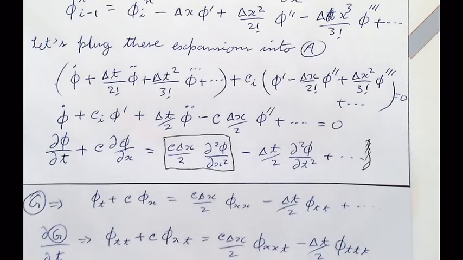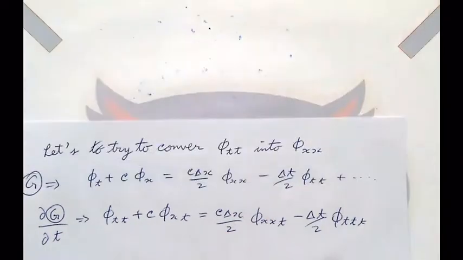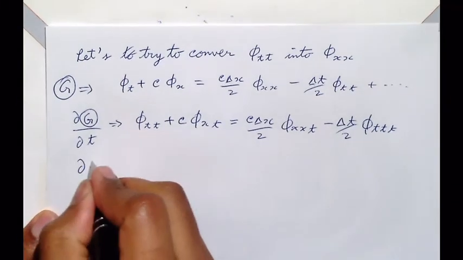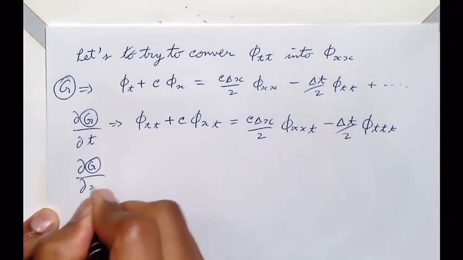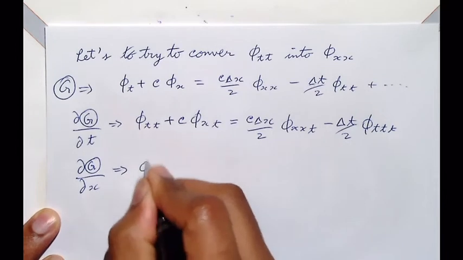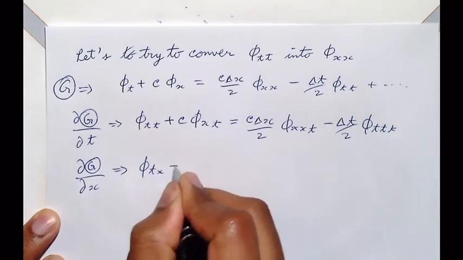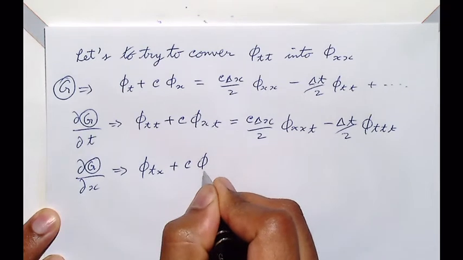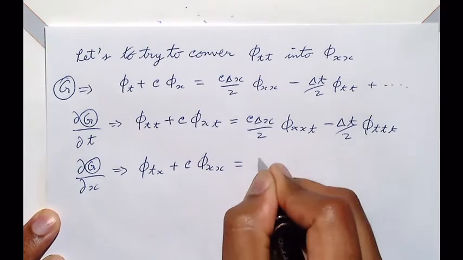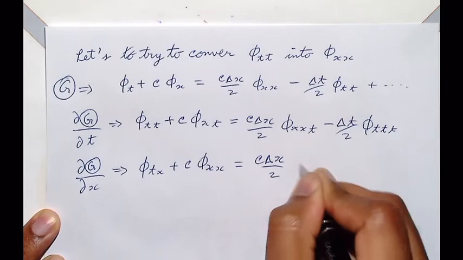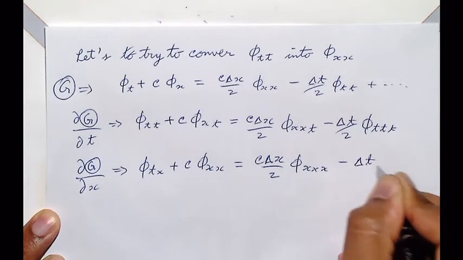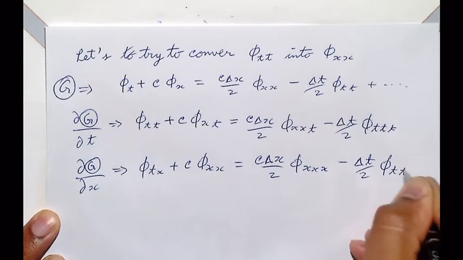Okay. And if I instead do partial with respect to x, we get phi dx plus c phi xx, c delta x over 2 phi triple x minus delta t over 2 phi dt.